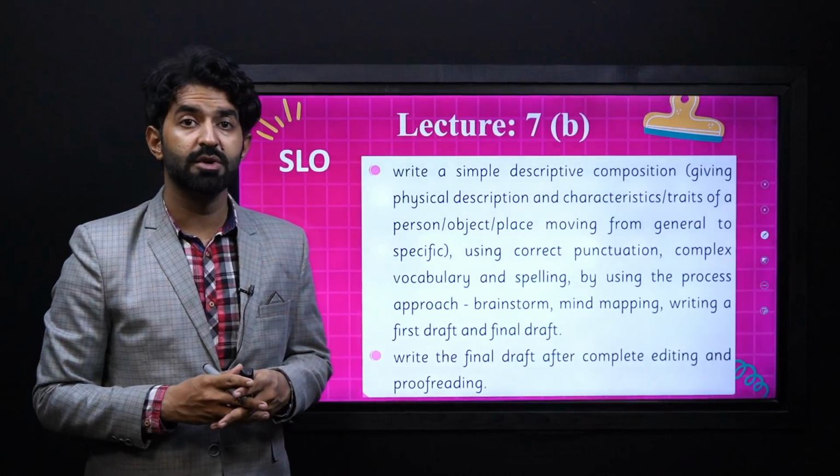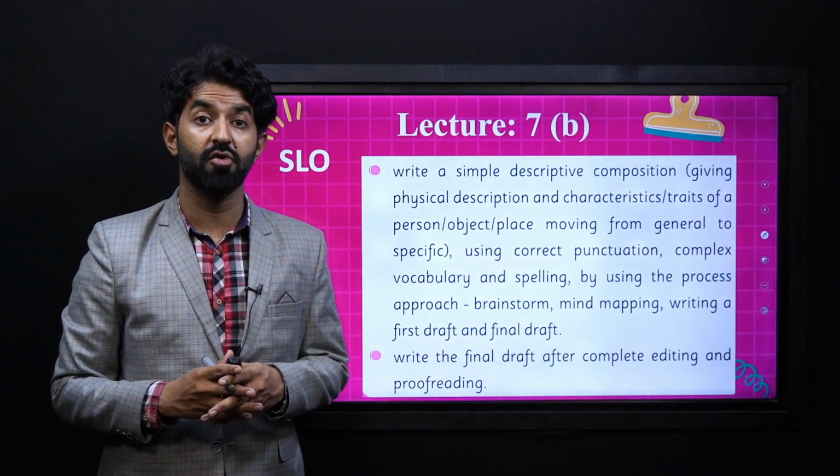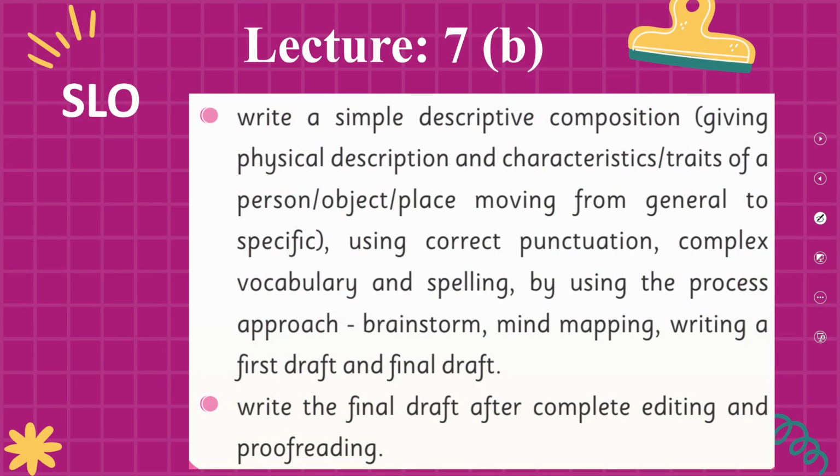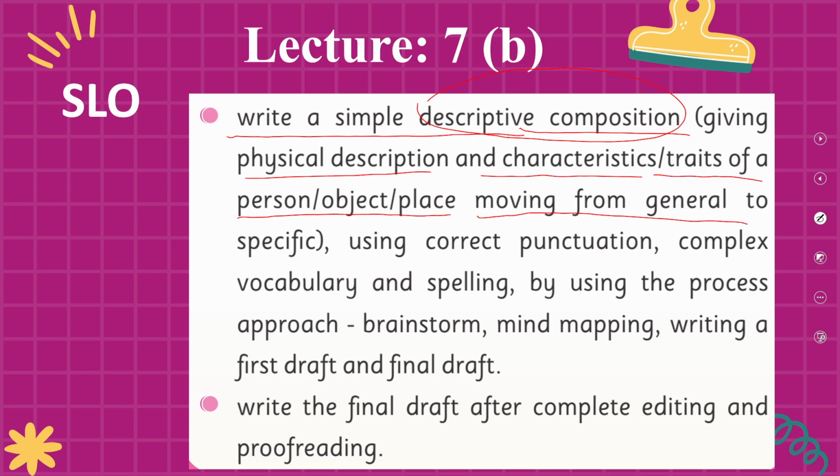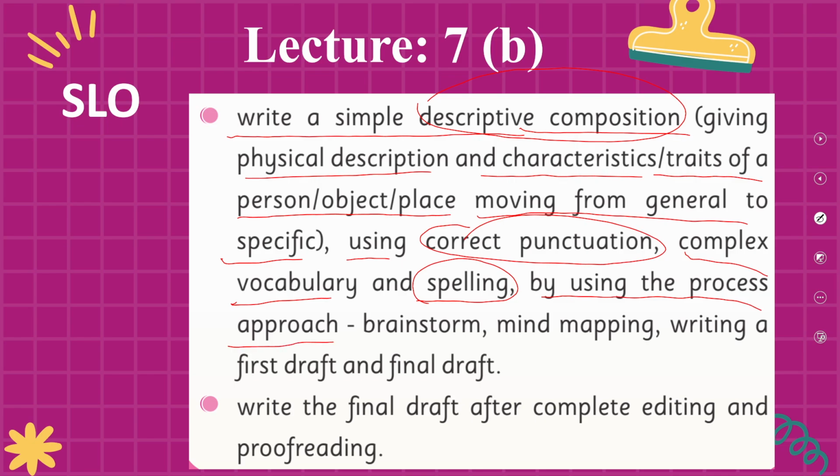Now, with lecture number 7B, this is about the competency of writing. Let's read the student's learning outcome. It says, write a simple descriptive composition giving physical description and characteristics or traits of a person, object, or place, moving from general to specific, using correct punctuation, complex vocabulary, and spelling, by using the process approach like brainstorming, mind mapping, writing a first draft and final draft.